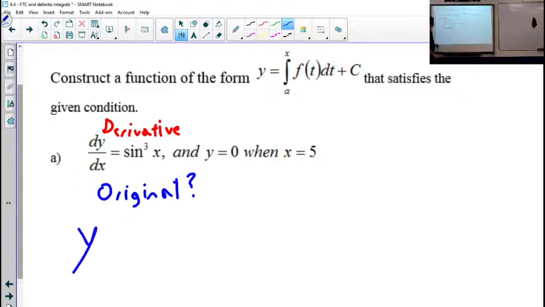So what's the original function? Hopefully you know that because we talked about derivatives and integrals being opposites of each other, that somehow this is going to involve an integral. If we have the derivative and we want to undo that to get back to the original function, we're going to integrate.